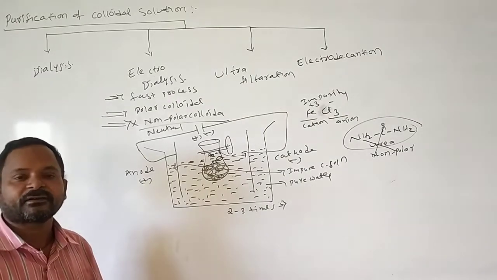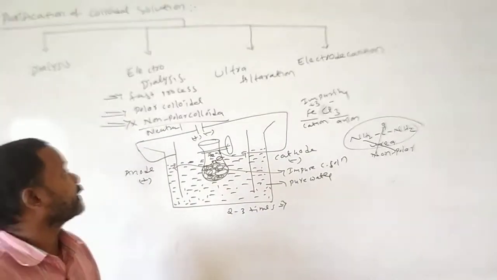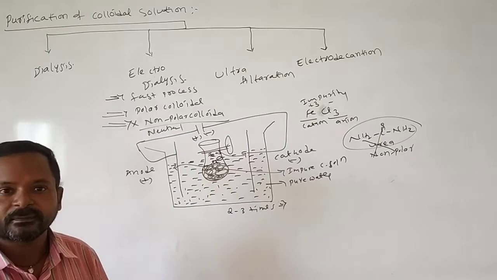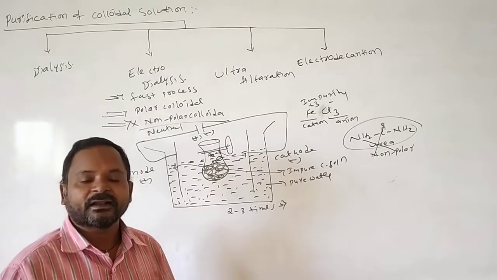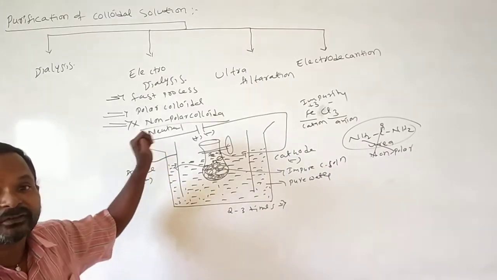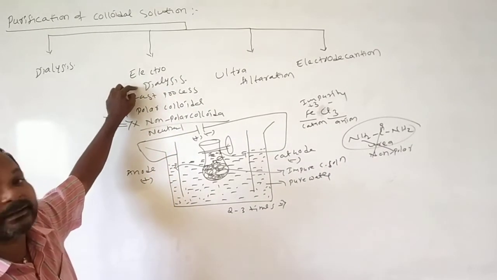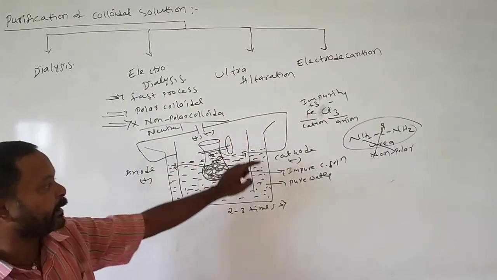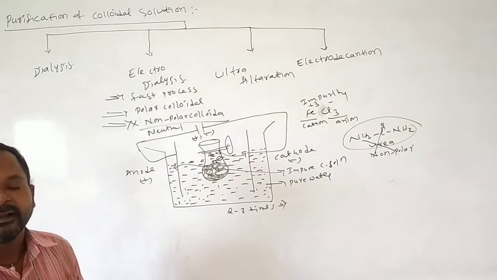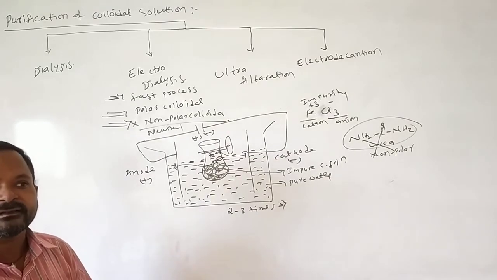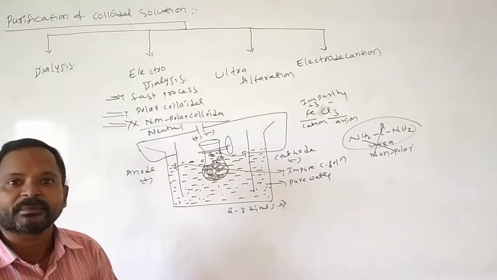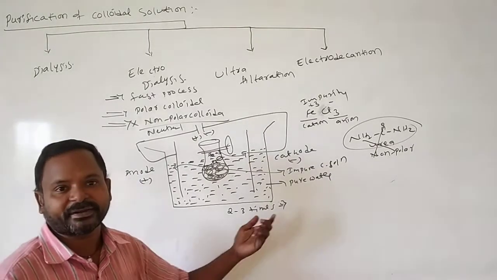What is the definition of electrodialysis? The removal of solvent particles and impurities from the colloidal solution by the influence of electric current through electrodes is called electrodialysis. And what is the importance of electrodialysis? It is suitable for only polar impurities.